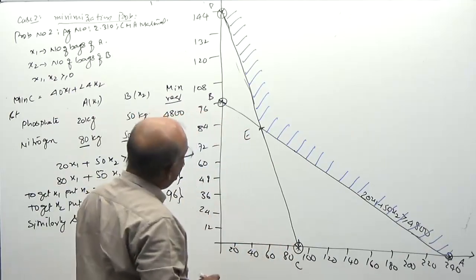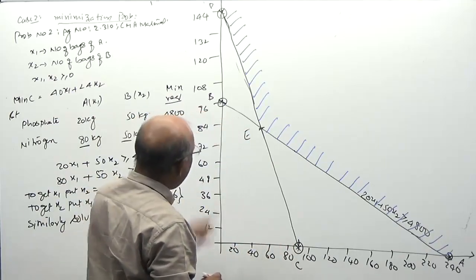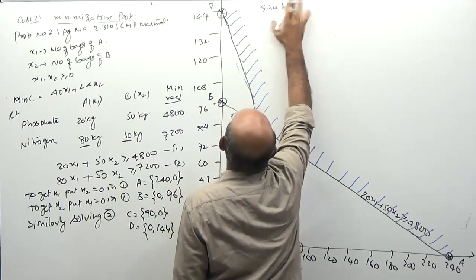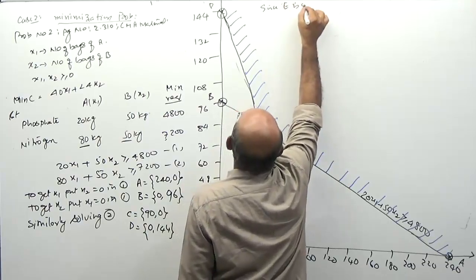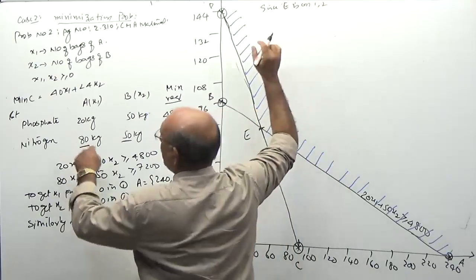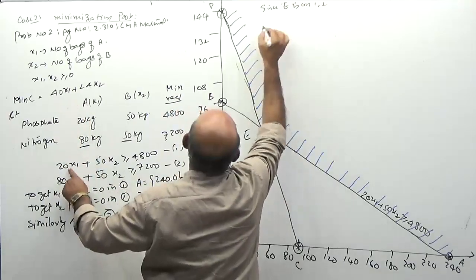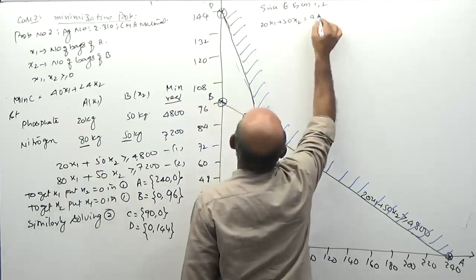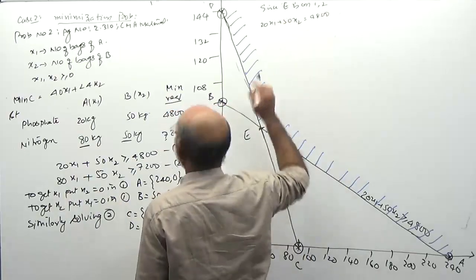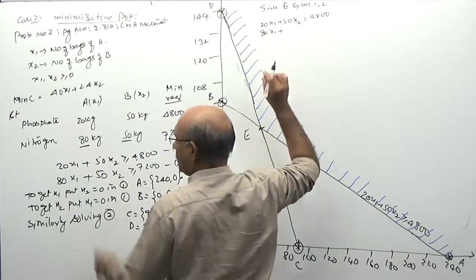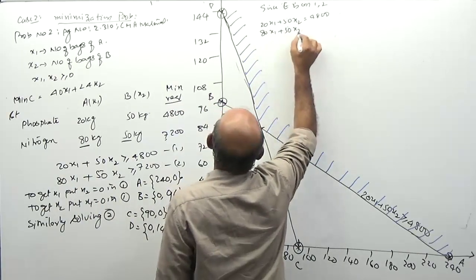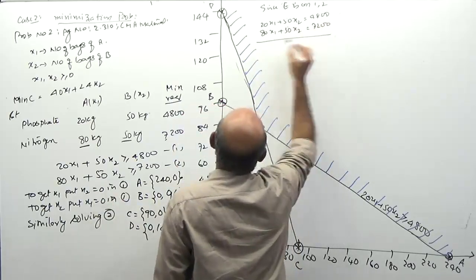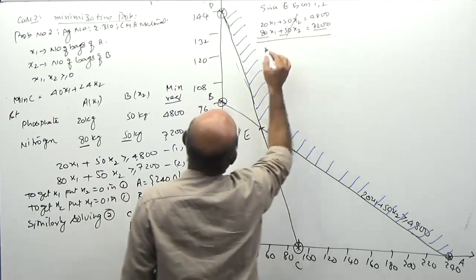Now, I know point A, I know point D, I need E. Since E is on both 1 and 2, solving: 20 into x1 plus 50 into x2 is equal to 4800, and 80 into x1 plus 50 into x2 is equal to 7200. Subtracting one from the other, x2 cancels.